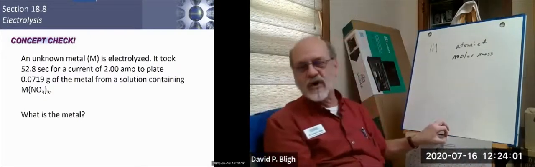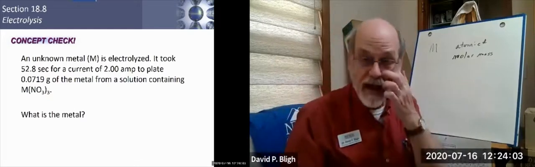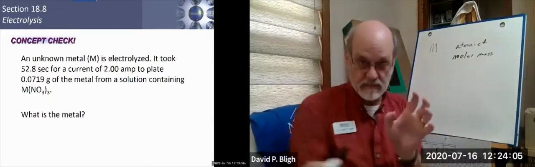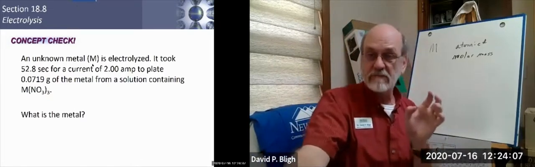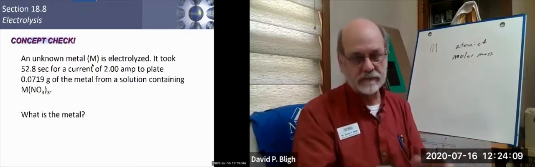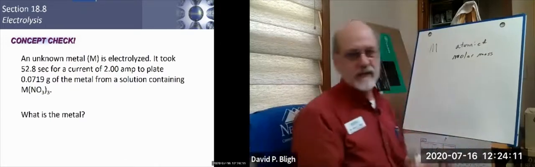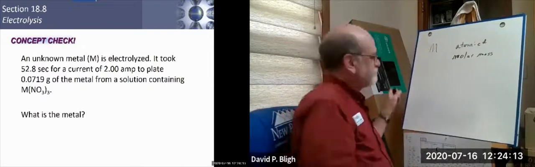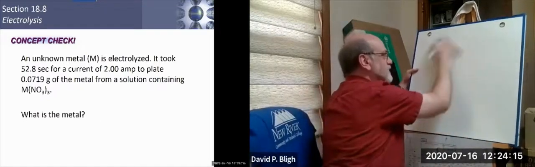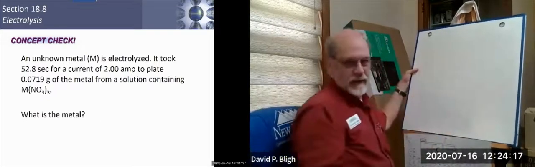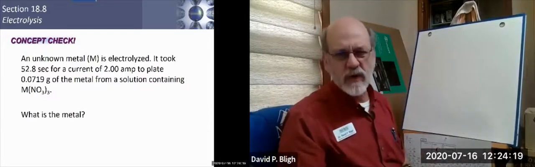So in the vast majority of cases, if you can find the molar mass of the element, you can identify the element. Okay, let's see if we can do it. We're looking for molar mass of our element. All right, what are we given?